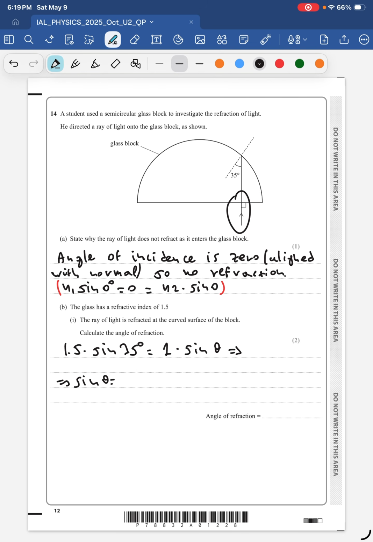So sine of theta is 0.86, and then theta is 59.36 degrees, which is what we expect when we go from an optically dense material to a less dense material. So we go from glass to air, so we expect the refracted light to bend away from the normal. So that's the answer.